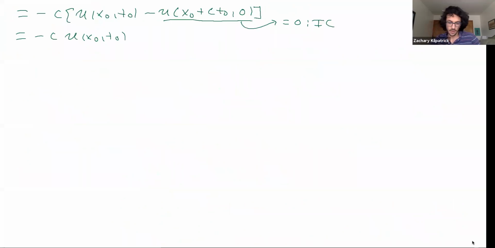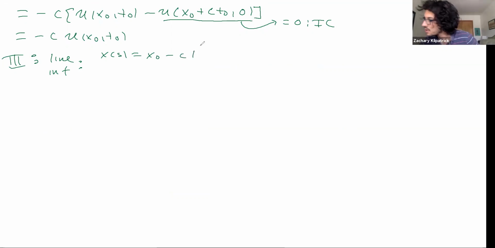So, part 3 now is again taking a line integral where we have to worry about parameterizing x and s, right? So, or sorry, x and t. So x is going to be, in this case, x0 minus c s, okay?